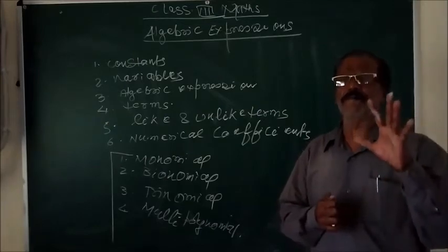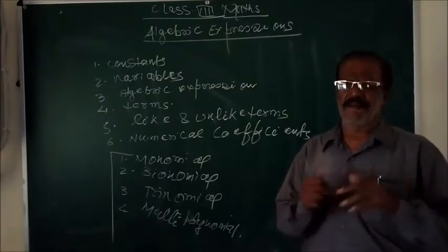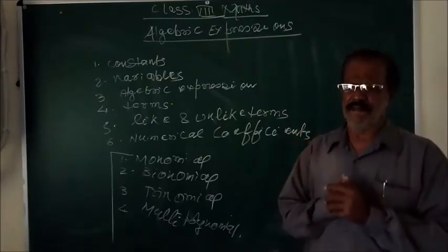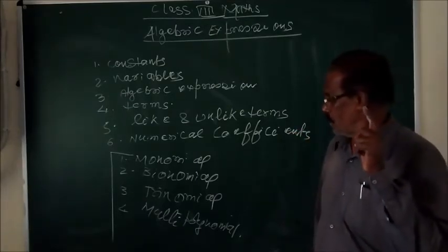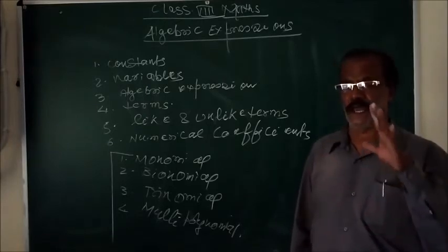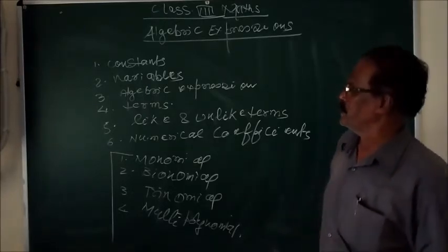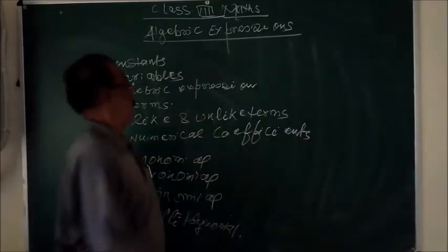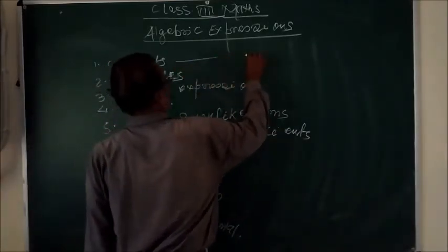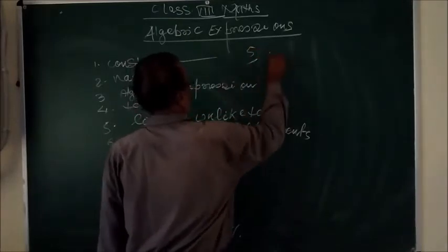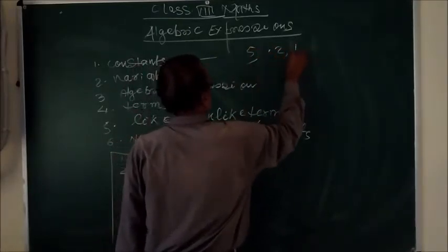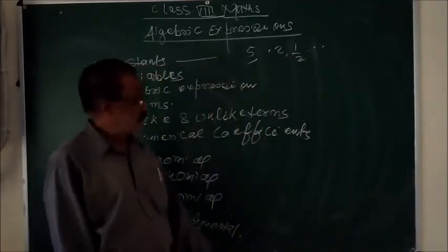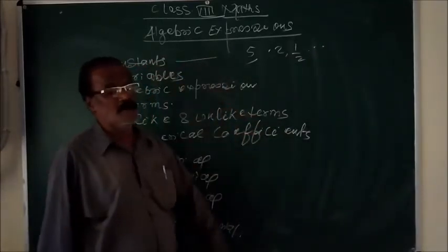The value does not vary. The value of the quantity does not change. Those quantities or symbols used in algebra are constants. Now you see, suppose 5, 2, 1 by 2, these numerical values are known as constants in algebra.